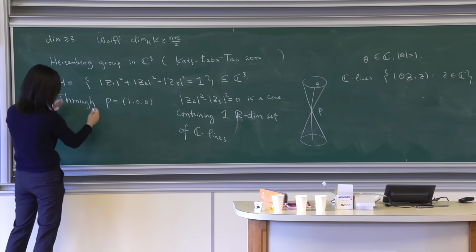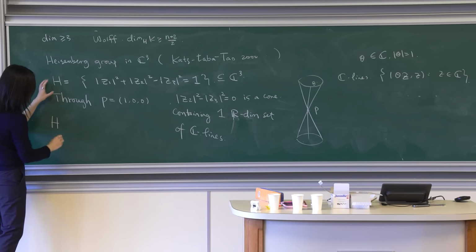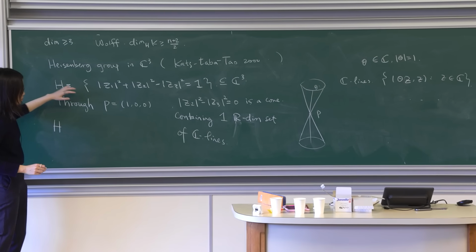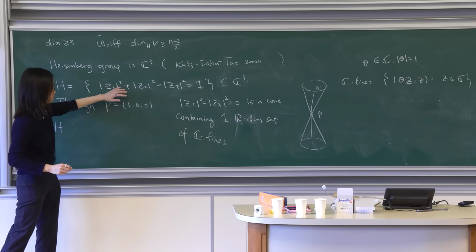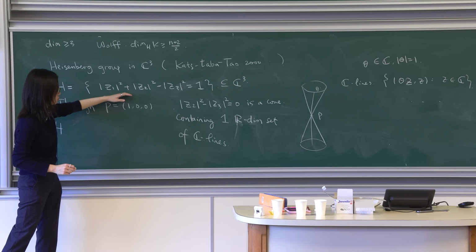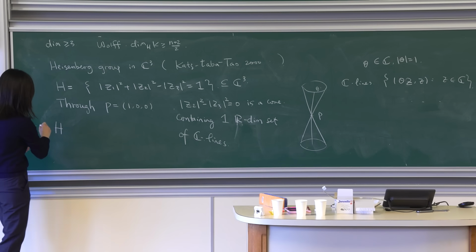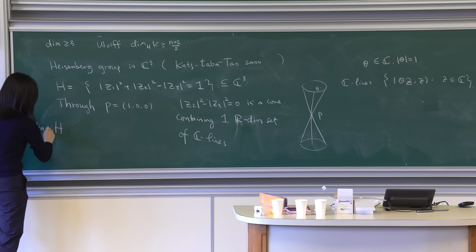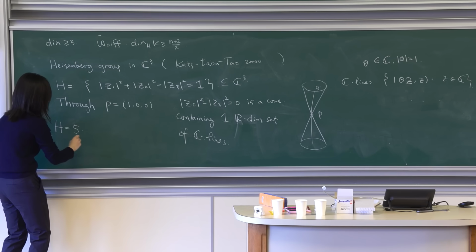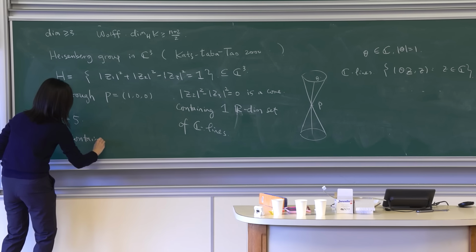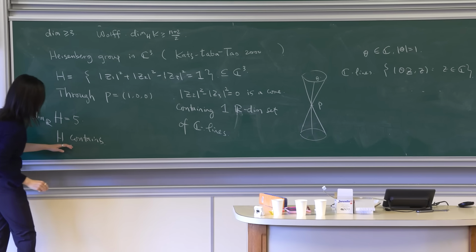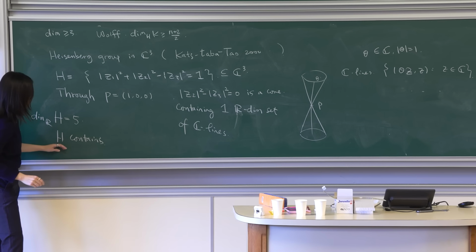So this implies that, first of all, H has real dimension 5, because if we identify C3 with R6, then this is a hypersurface in R6. And also, how many complex lines does H contain?